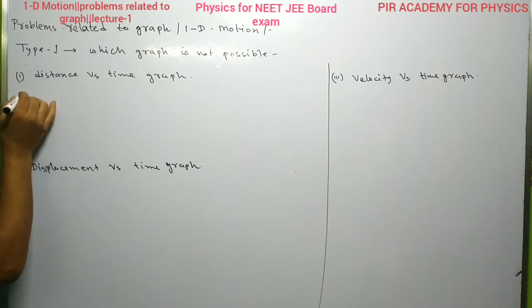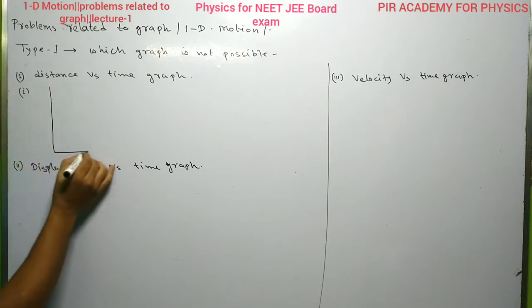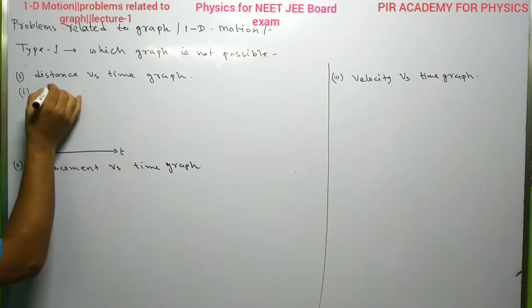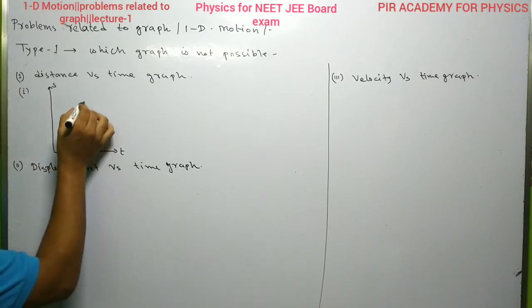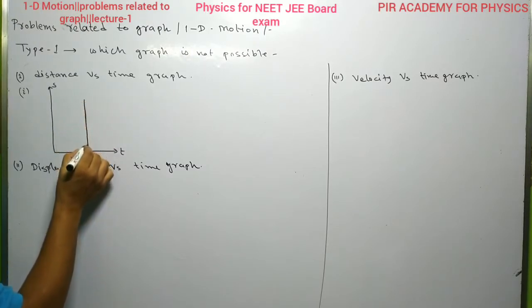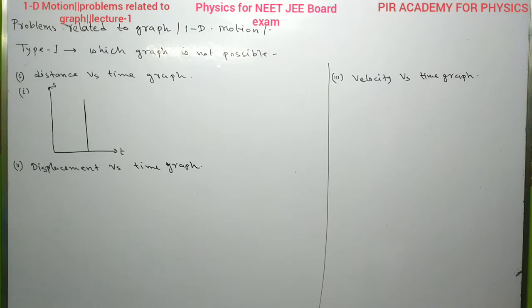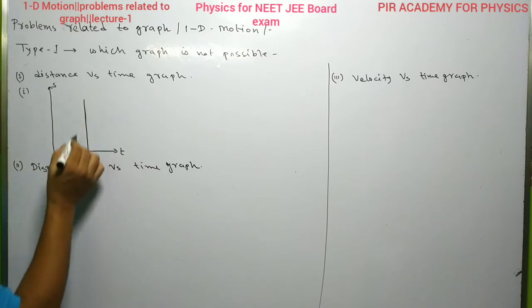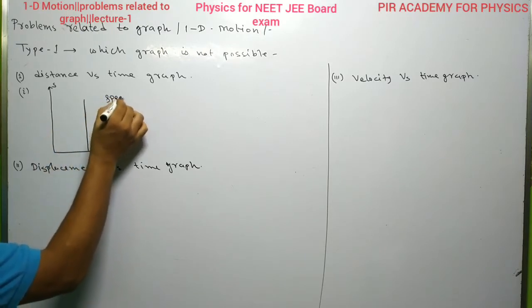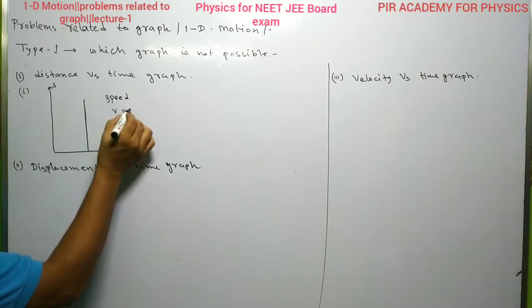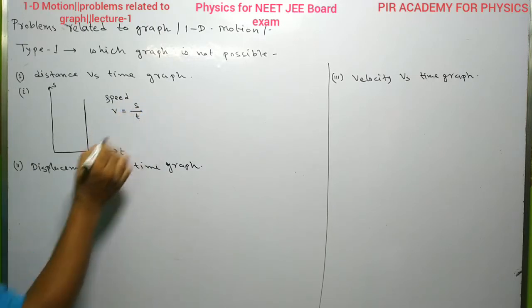Suppose number 1. Suppose here the time is t and along this direction is distance. If I draw the graph like this, what will be the speed? Here speed v will be s by t.